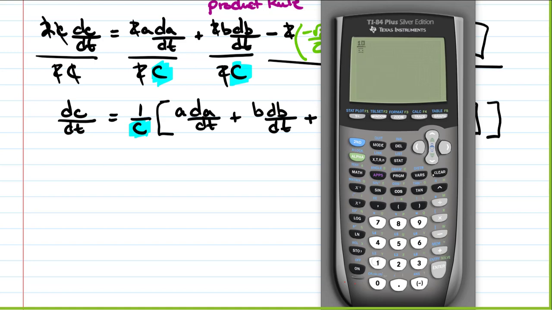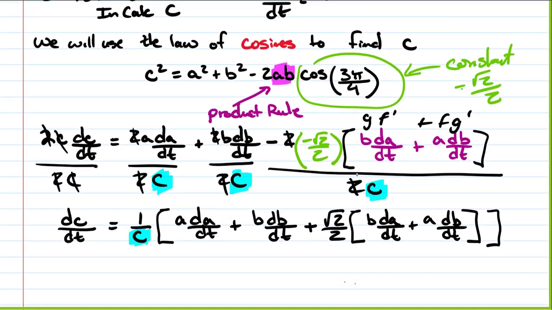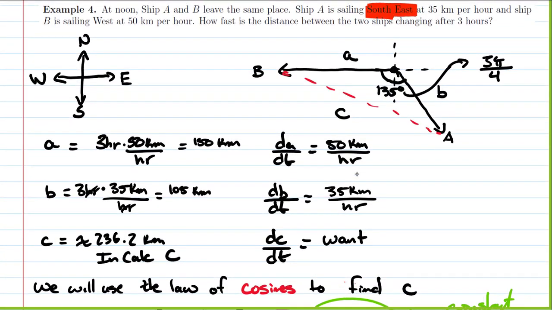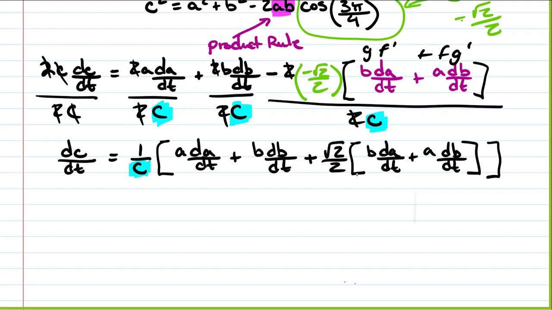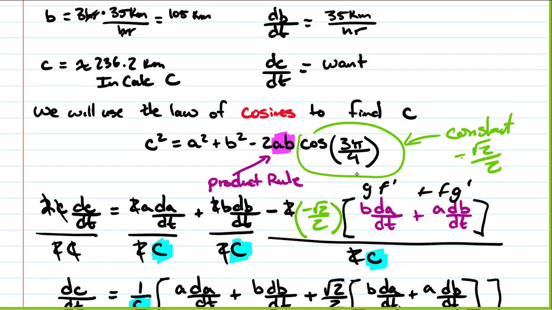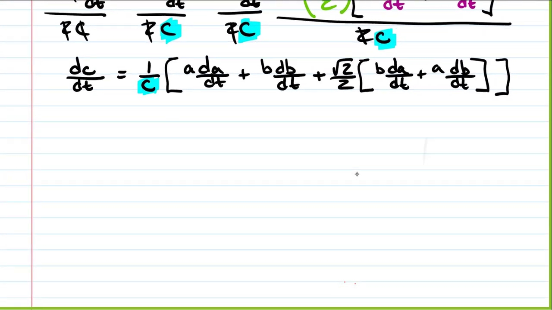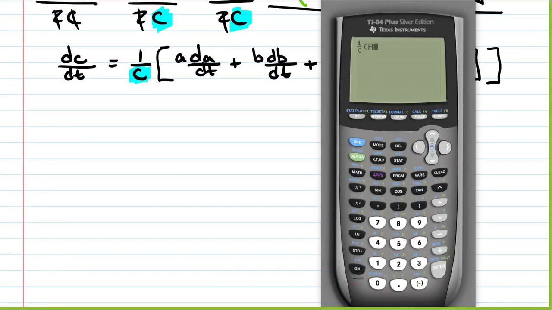Well, I have 1 over c, which I saved in my calculator, times a times dA/dt. So we go back up, and dA/dt was 50.